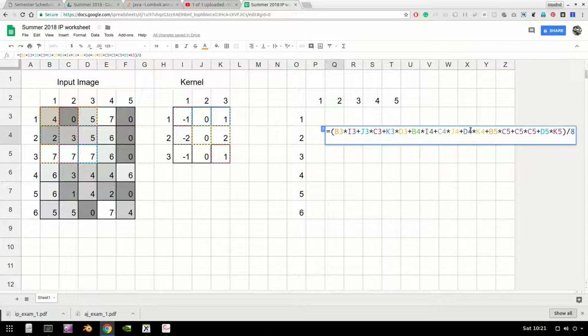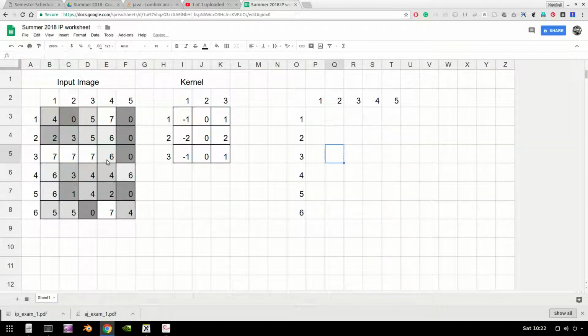So it should be 15. B4. Yeah, this part. B5, C5.